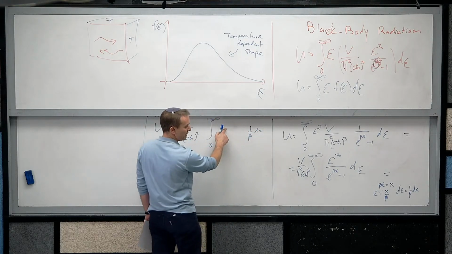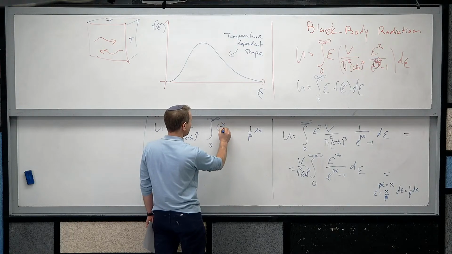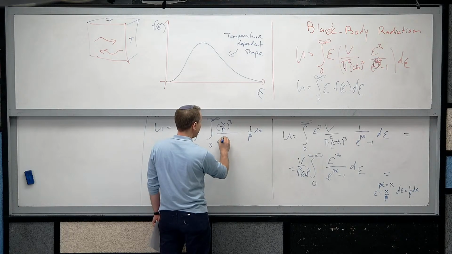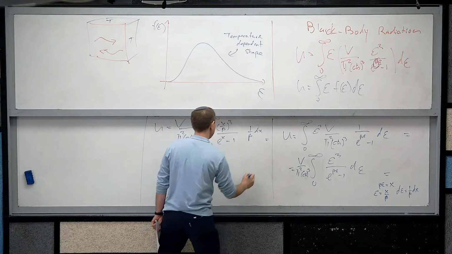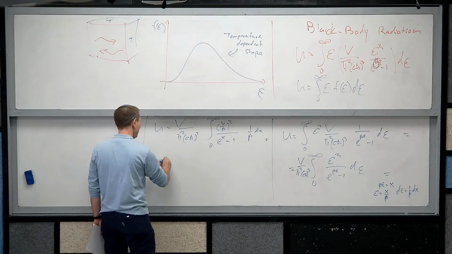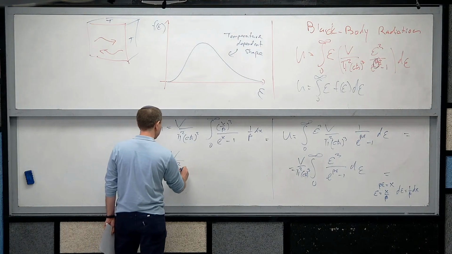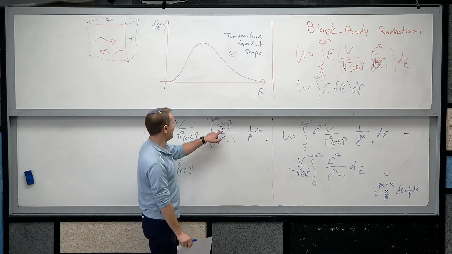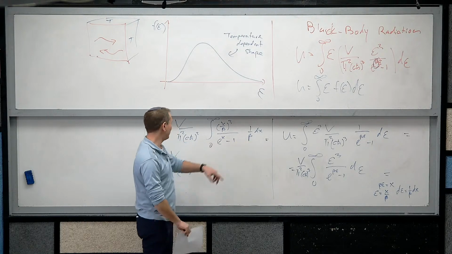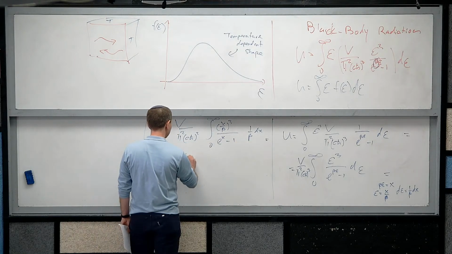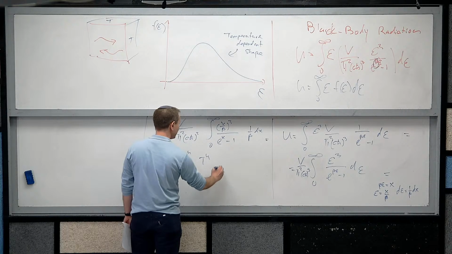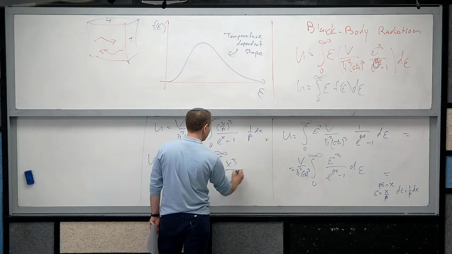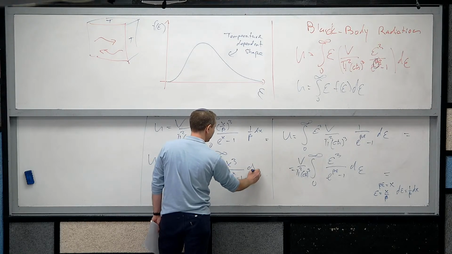Instead of epsilon, we have x divided by beta to the third power, divided by e to the x minus 1. So in total, U is V over pi squared c h bar to the third, and here we have 1 over beta to the fourth, so it is Boltzmann's constant to the fourth, T to the fourth, and an integral from 0 to infinity of x to the third divided by e to the x minus 1, dx.